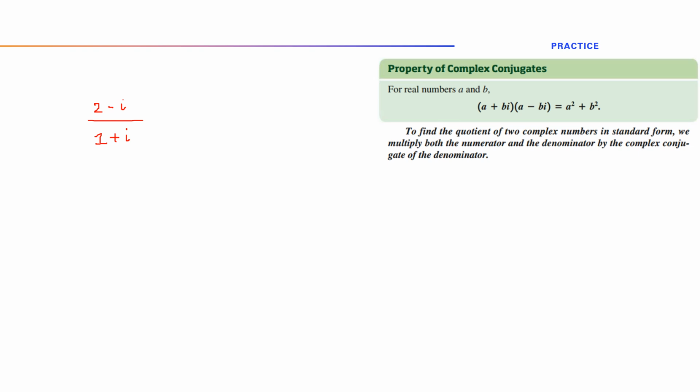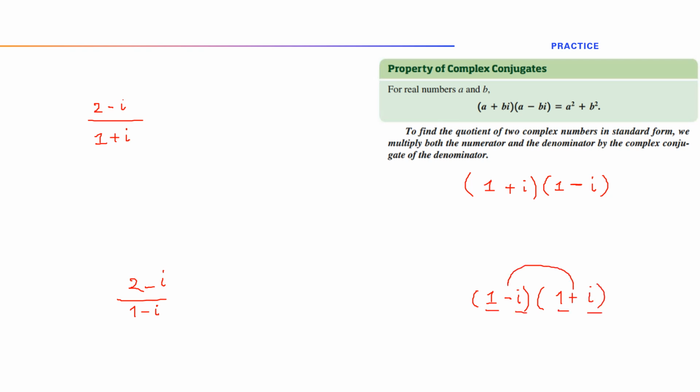So the conjugate of 1 plus i is 1 and i, but opposite, so that should be minus. If we have 2 minus i over 1 minus i, the conjugate of the denominator 1 minus i will be 1 plus i. 1 is kept the same, i is kept the same. The only difference is the sign.